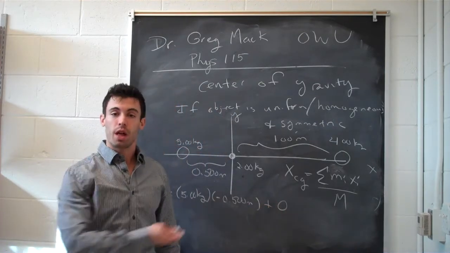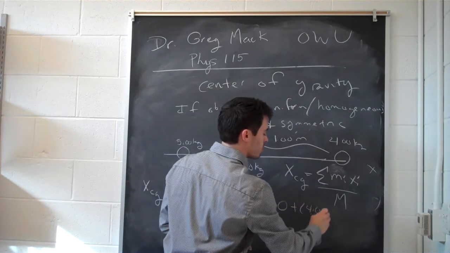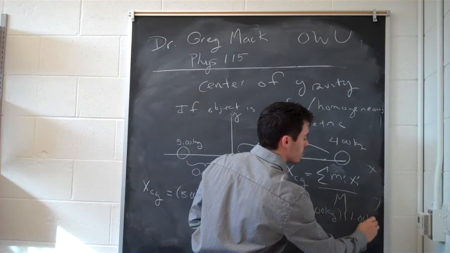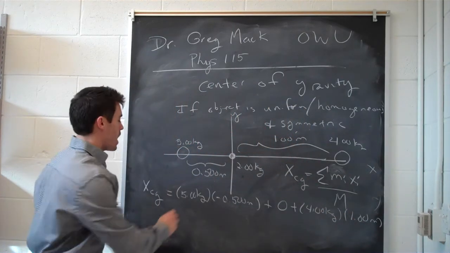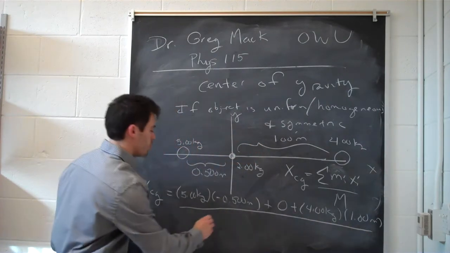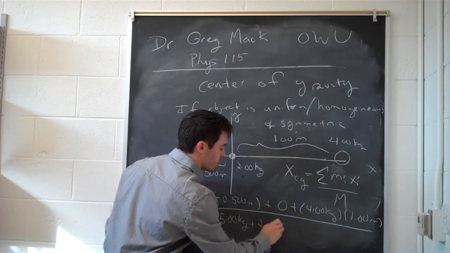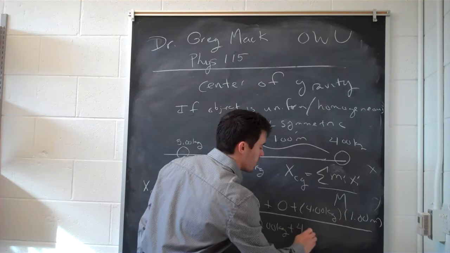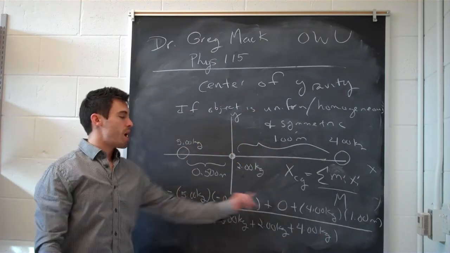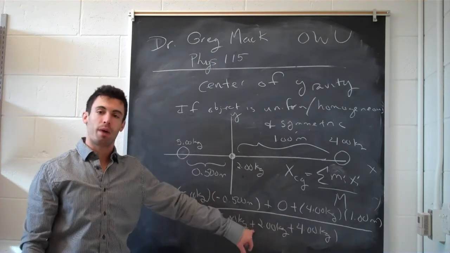The last is 4.00 kilograms times positive 1.00 meters. I take those together and divide by the total mass, which is 5.00 kilograms plus 2.00 kilograms plus 4.00 kilograms. So while the 2.00 kilogram mass doesn't matter in the numerator, it does matter in the denominator, because we have to account for all the massive particles that are there.